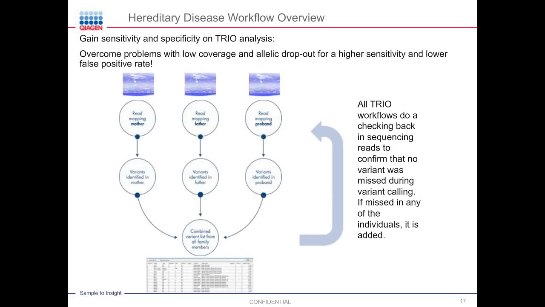So that means, for example, in the case we had beforehand, if you have called a variant in the mother and you haven't called a variant in the proband, then this backcheck allows you to also identify it in the proband when it's just present in, or supported by, two sequencing reads. And therefore, you get an enhanced list of variants going back, and these are then uploaded to Ingenuity Variant Analysis for filtering and interpretation.